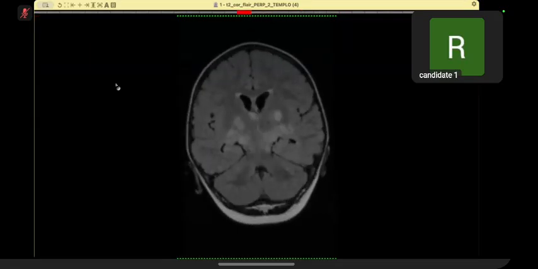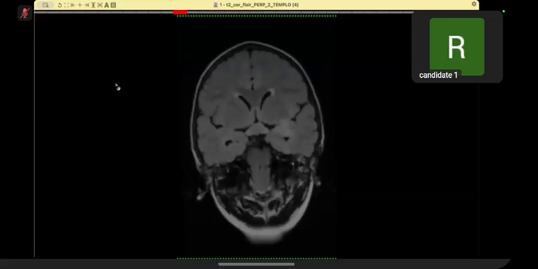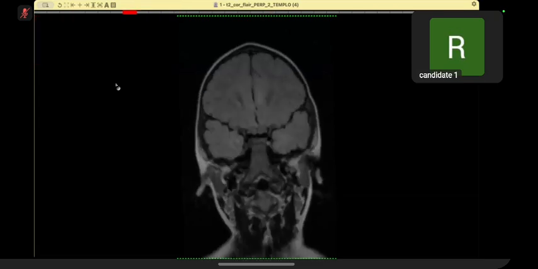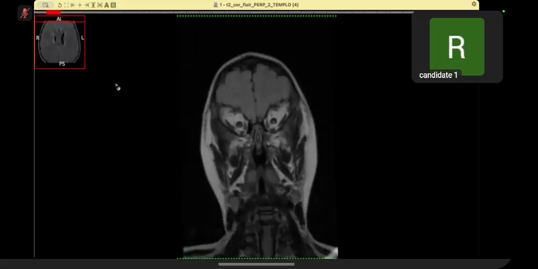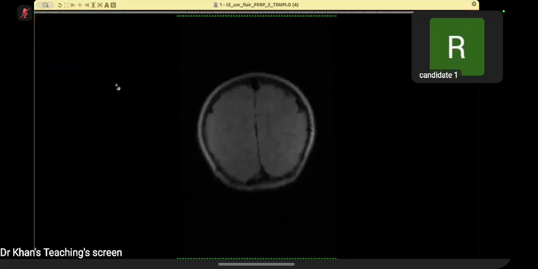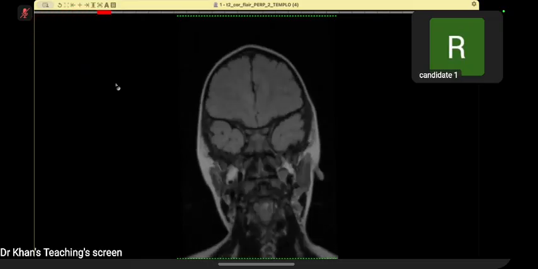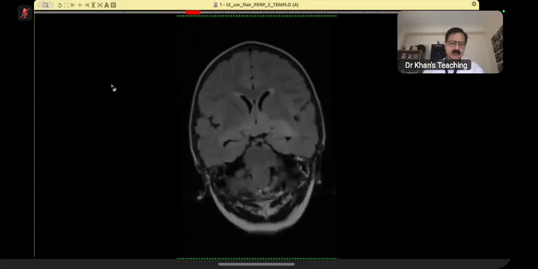So in a 1 month old baby, these abnormalities can be due to some congenital TORCH infection, and there can be some mitochondrial problem involving the deep gray nuclei. So can I see DWI? No restriction.